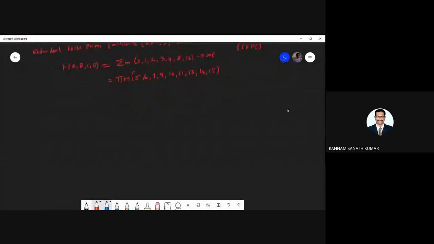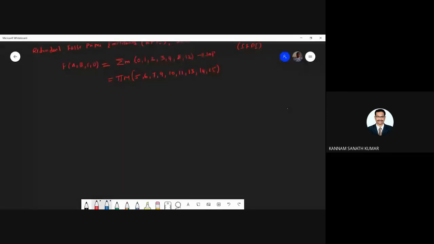So if you want to draw the K map for this one, this is AB, and this one is CD. 0, 0, 0, 1, 1, 0, 1, 1. 0, 0, 0, 1, 1, 0, 1, 1. Okay.